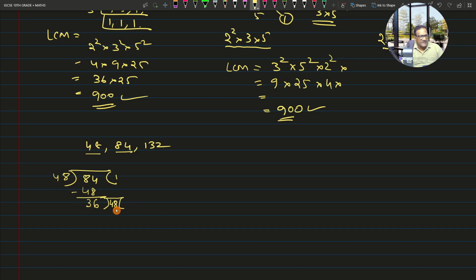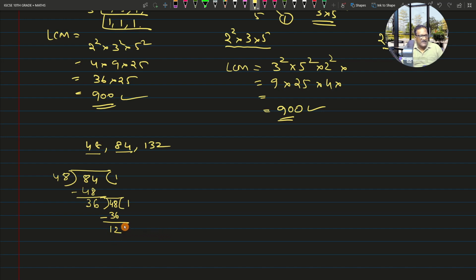The previous divisor I'll put inside. Now this remainder that I got in the first step, 36, that is the divisor, and the previous divisor is now the dividend. So 36 into 1 will be 36, isn't it? And the remainder will be 8 minus 6 is 2, and 4 minus 3 is 1, so 12, right?